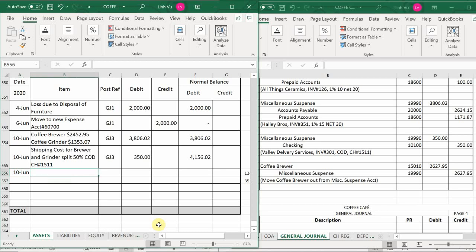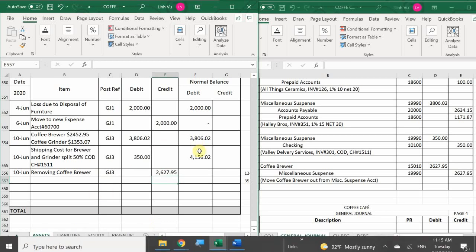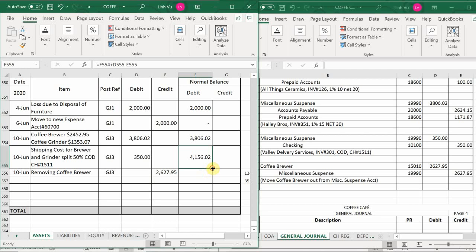So, removing coffee brewer. General journal number 3 once again, and this time I'm crediting $2,627.95, which, if I drag my formula down, gives me a total of $1,528.07.